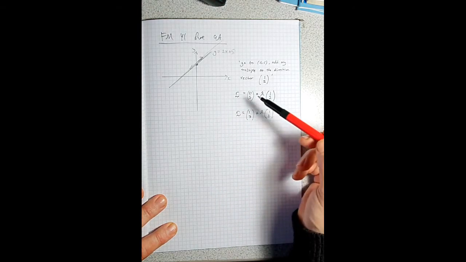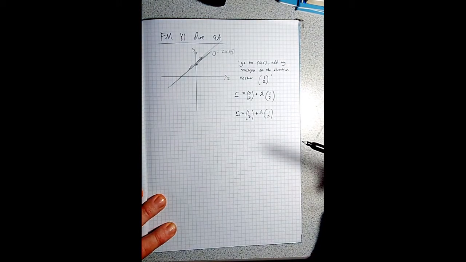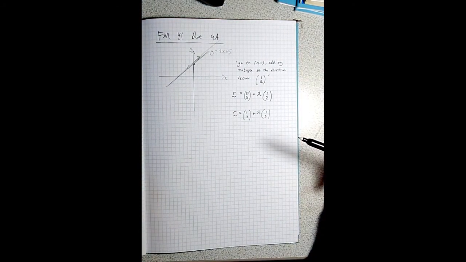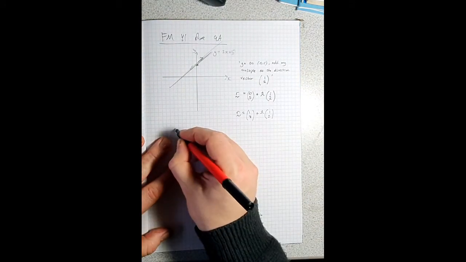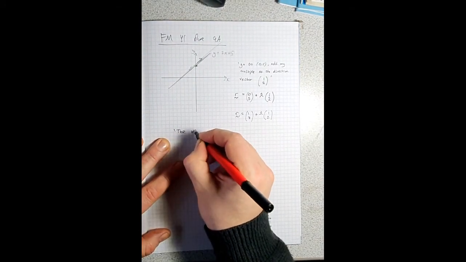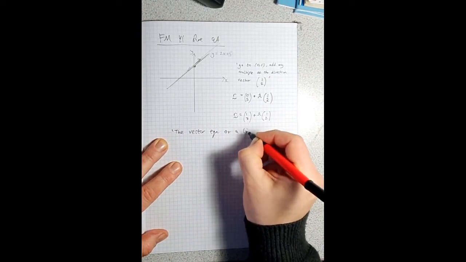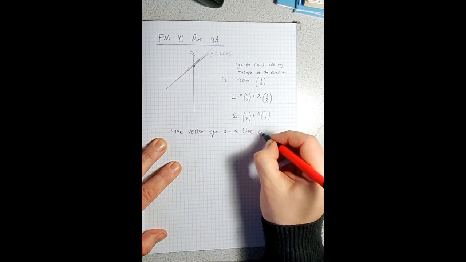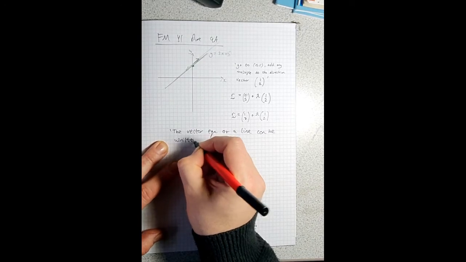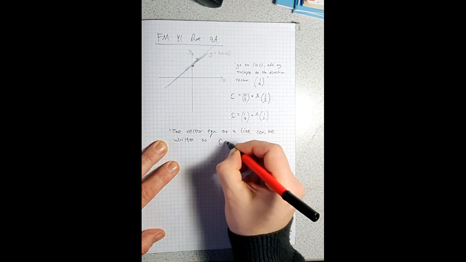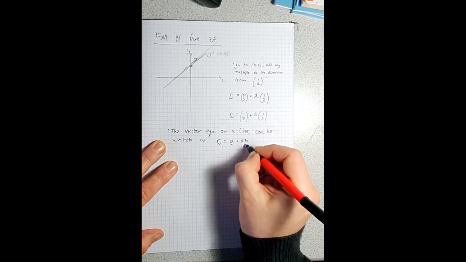Now it so happens that I've described this 2D line as a vector. But of course I can describe a 3D line as a vector in exactly the same way. So the vector equation of a line can be written as r equals a plus lambda b.